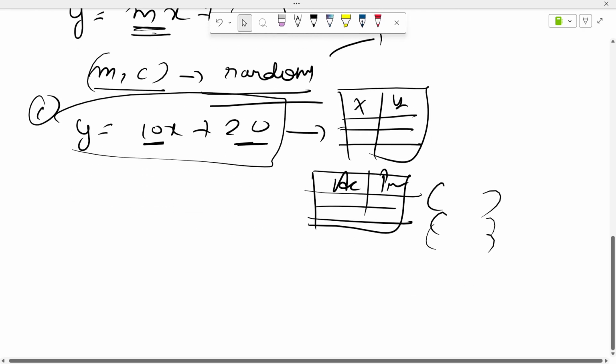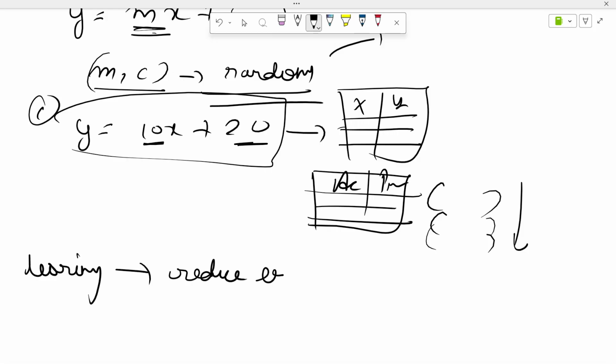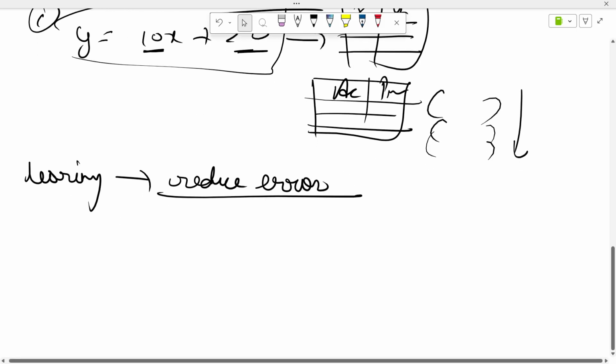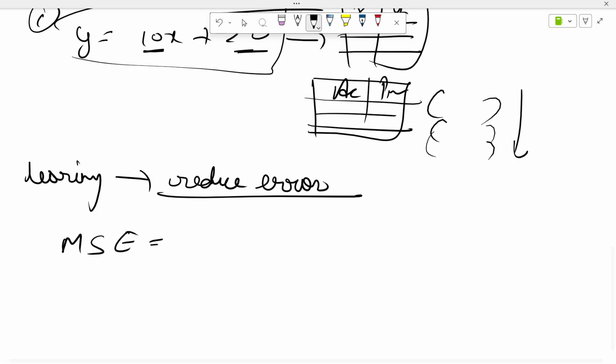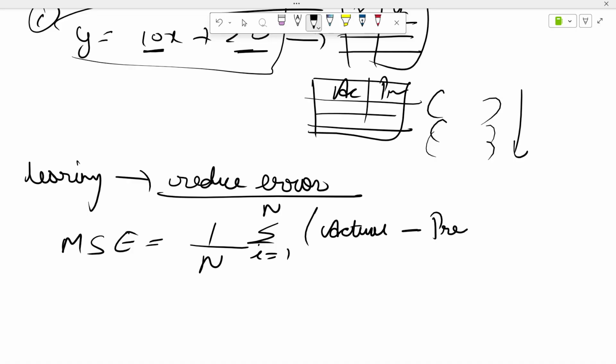And what is your goal in learning? Learning is all about reducing the error, reducing the value of the cost function. Let's say in linear regression we used mean squared error, which is 1 over n times the summation from 1 to n of the actual value minus the predicted value for each data point i, squared.